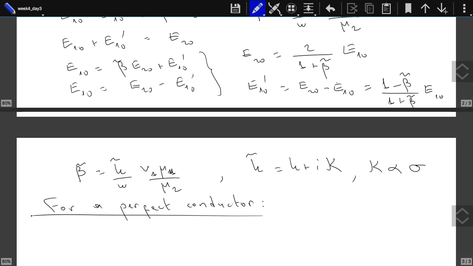the transmitted wave, you see beta tilde is infinite, so E20 is 0. E10 prime, beta is infinite, is minus E10.